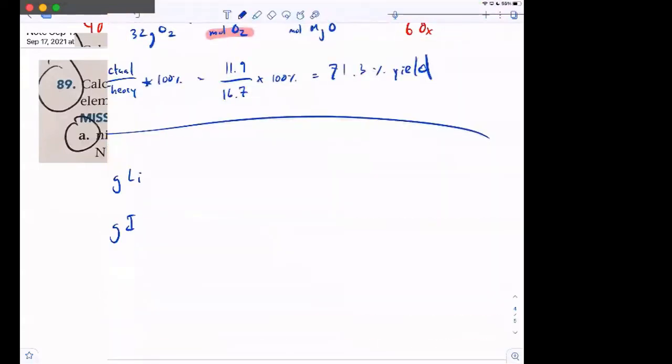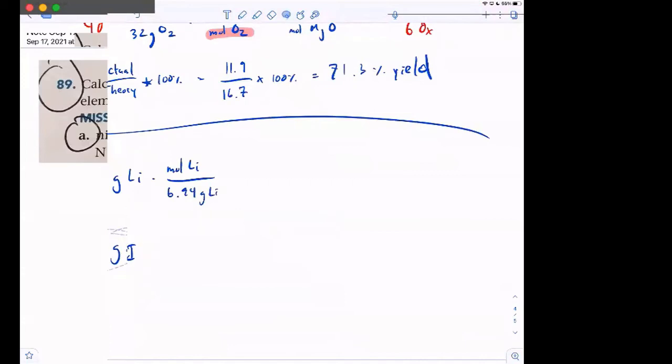How do you cancel? Okay. So then moles lithium to 6.94 grams lithium. And I'll just do the lithium first.